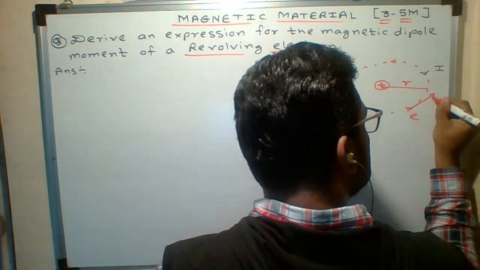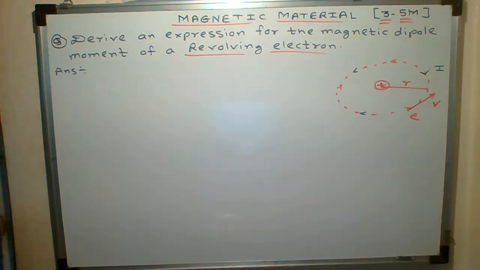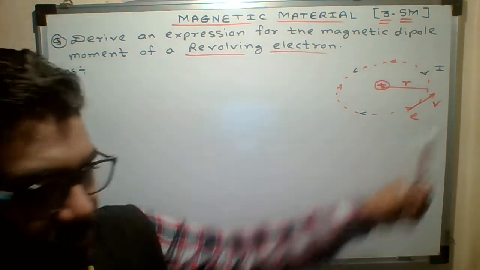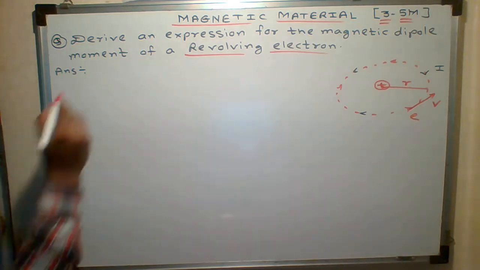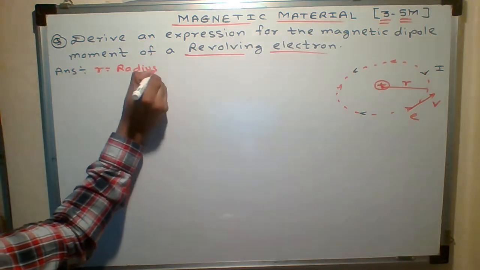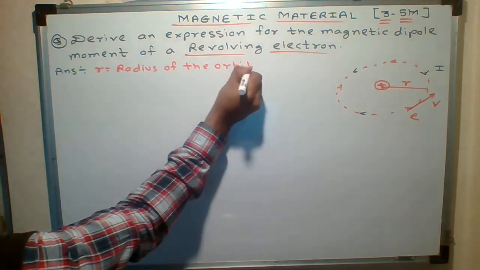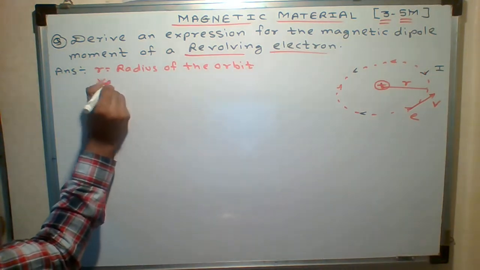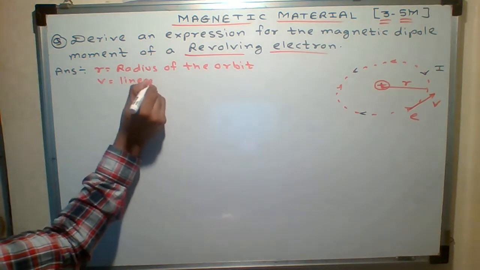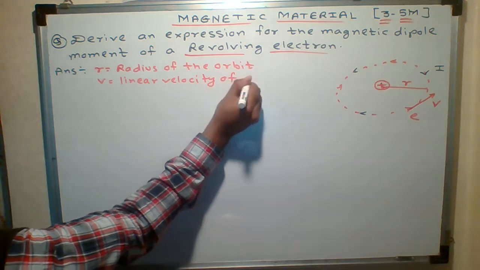Linear velocity, small v, is associated with a revolving electron. When the electron is revolving, v stands for linear velocity. So let me write down here. R is the radius of the orbit. V is linear speed or linear velocity of the electron.